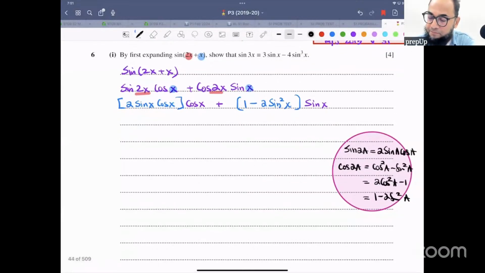Now over here, if I multiply it out, this is cosine x, it will multiply with this. Over here, this is sine x, it will multiply with this as well as this. So keep that in mind.